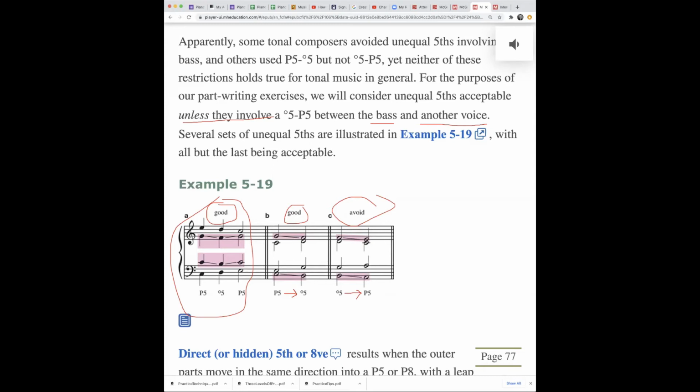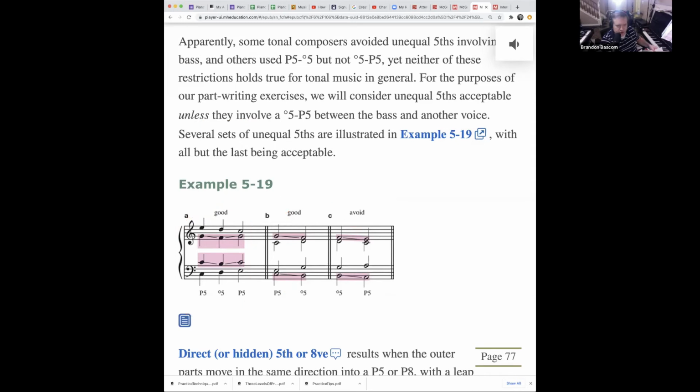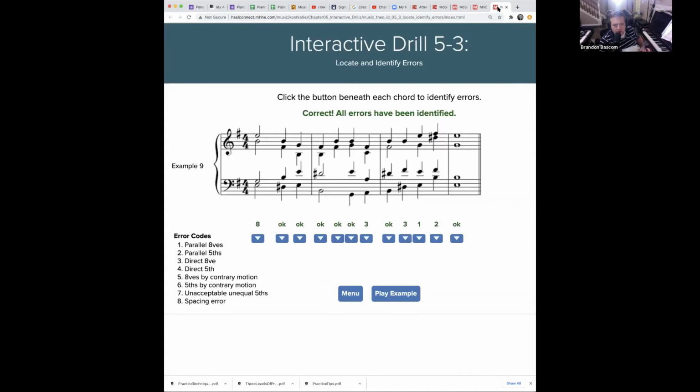Now, in the same example, I'm also going to have you critique the melody. So if we went back to what we just did, what would your critiques of this melody be? Random. Okay.